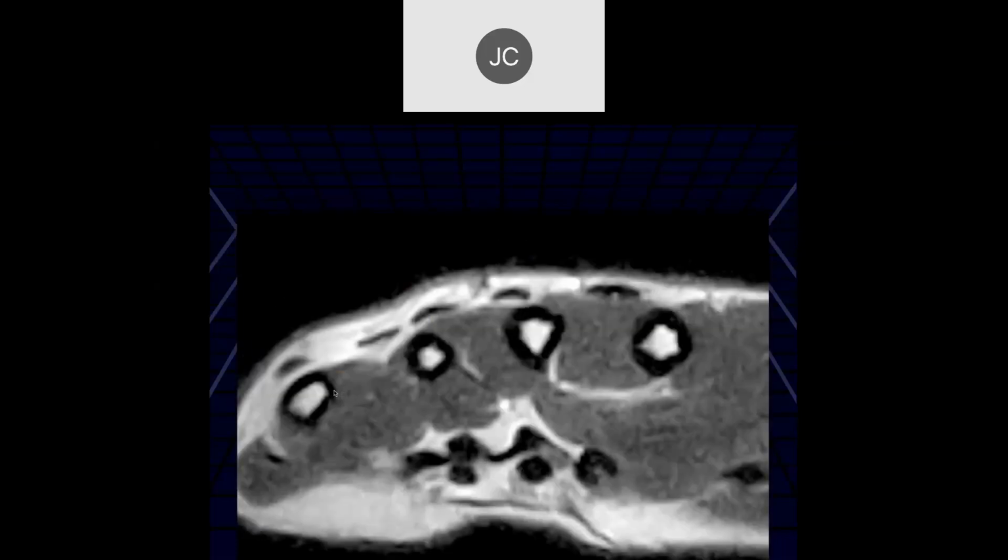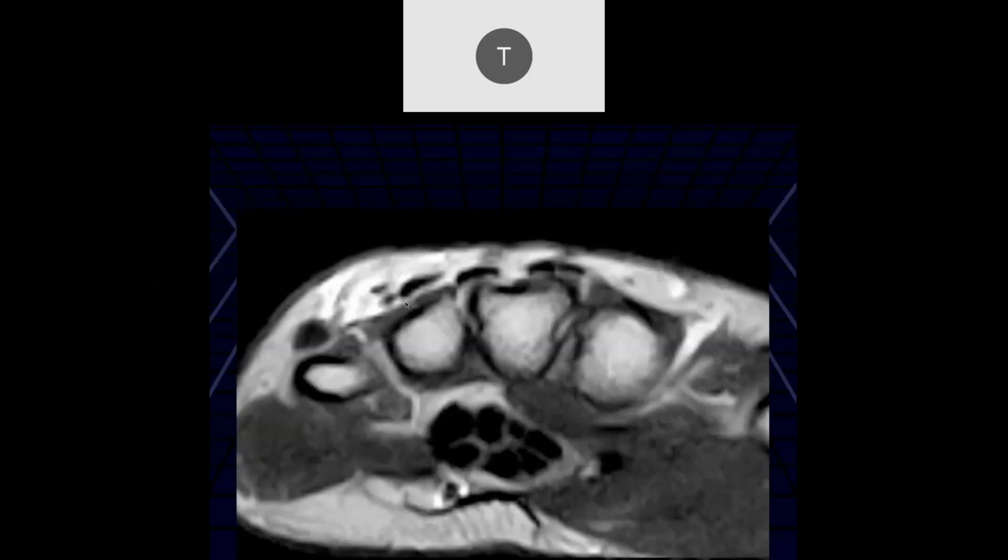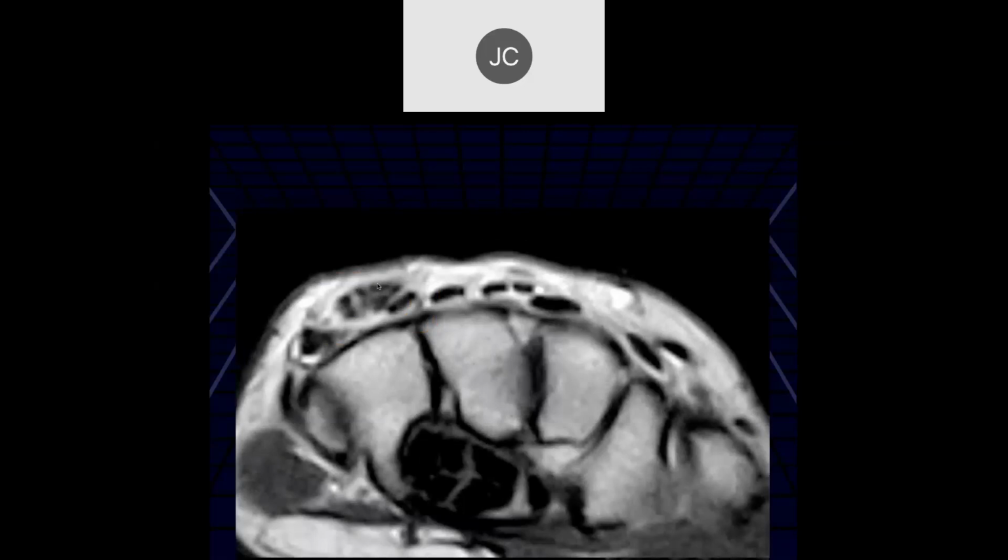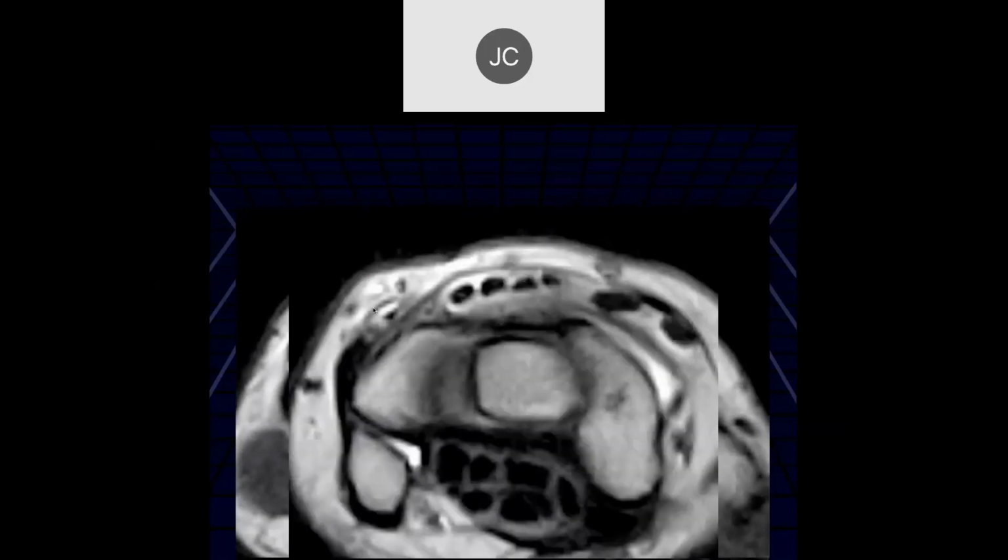All right, so overlying the fifth extensor compartment, there's synovial fluid. Well, this is the fourth here. That's probably the fifth. If we follow this back, we can see that that extensor tendon looks very abnormal.